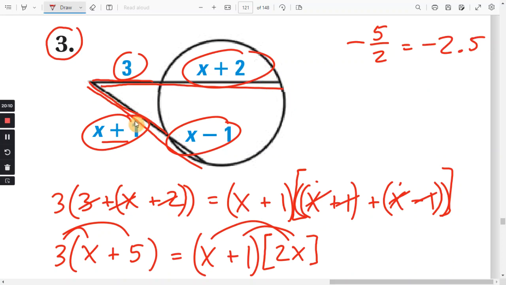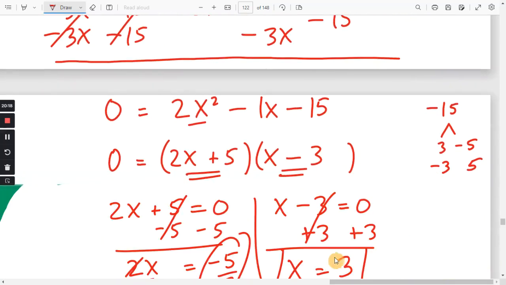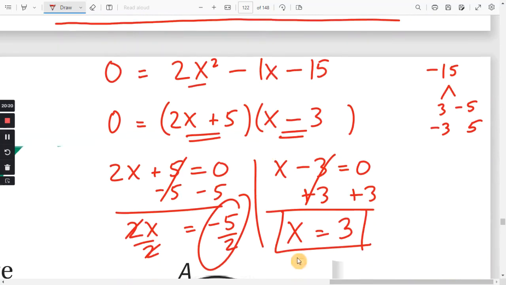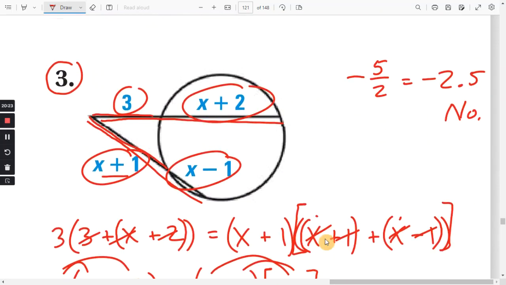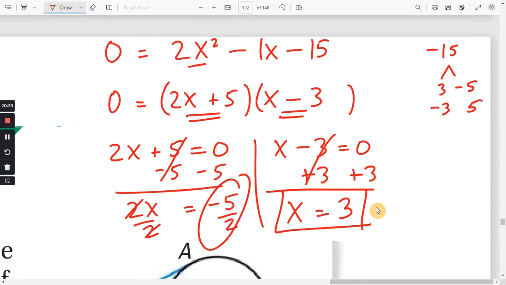Same with this length, same with this length. So there is no way negative 2.5 could work. But the other one, x equals positive 3, no matter where you plug it in, it's still positive. So that's the one I am going to stick with, x equals 3.